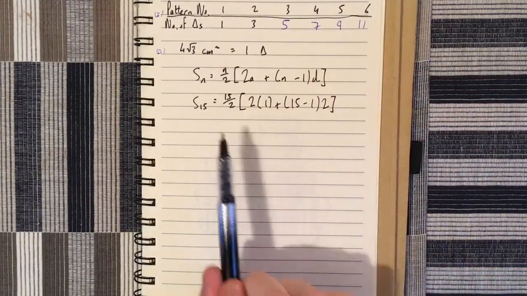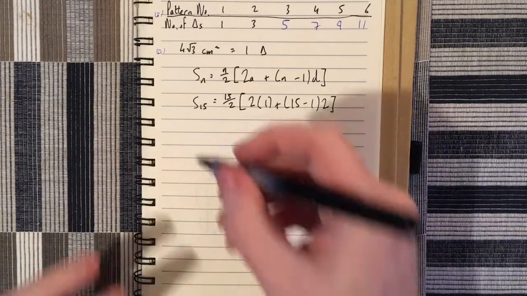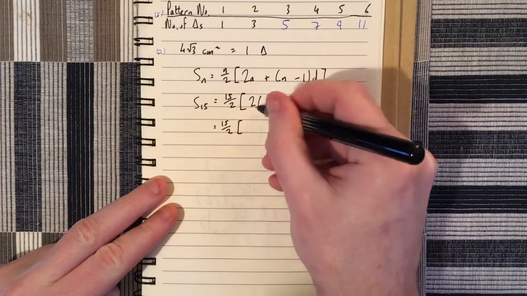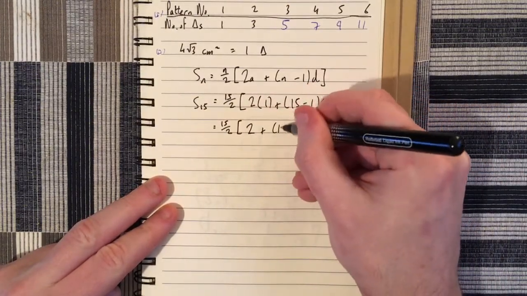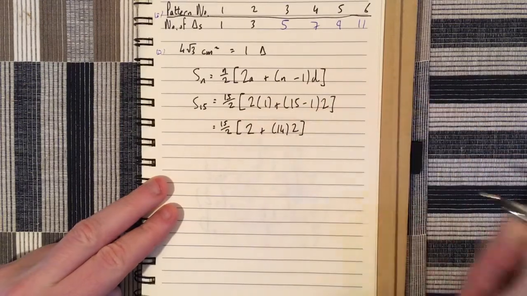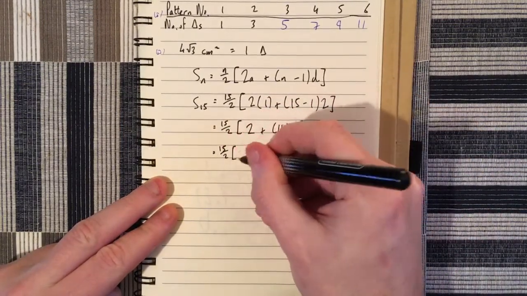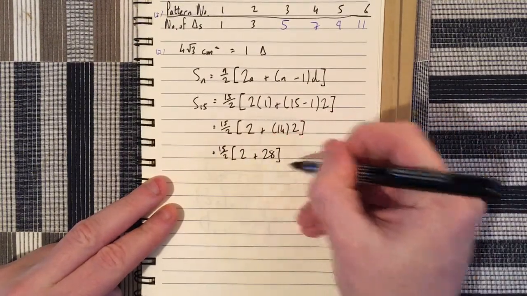All right, now you're just going to multiply this out. You can do as much of it on the calculator as you want. I'll maybe just break it up into a couple of stages. So 15 over 2 on 2 times 1 is 2, plus 15 minus 1 is 14 on 2. So I've got 15 over 2 on 2 plus 14 times 2 is 28.